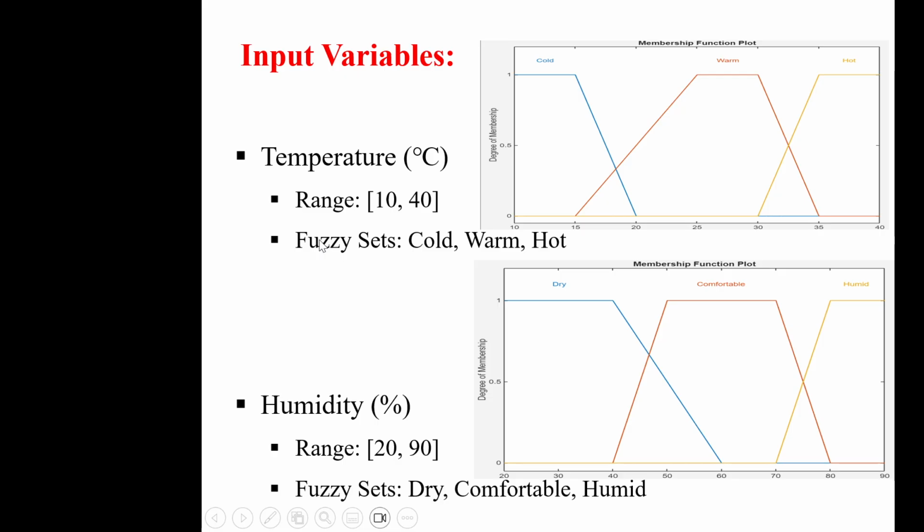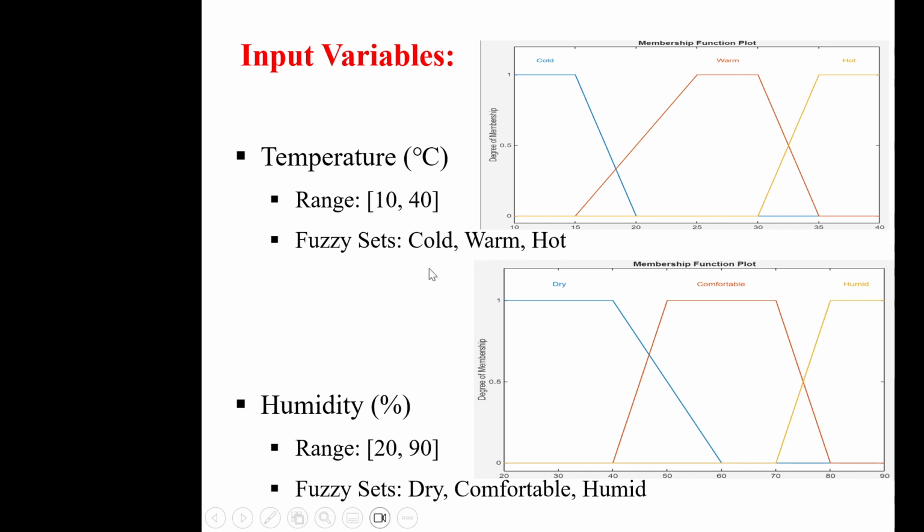And I've been able to come up with three linguistic descriptors, which we call fuzzy sets. One of the descriptors here is cold. The second one is warm. Then the third one is hot.